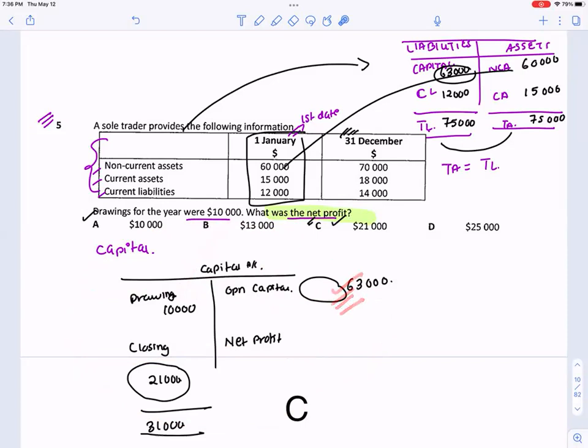I have to find closing capital, that is capital on the last date. Do I have it with me? No. So I will find it by making a statement of financial position.